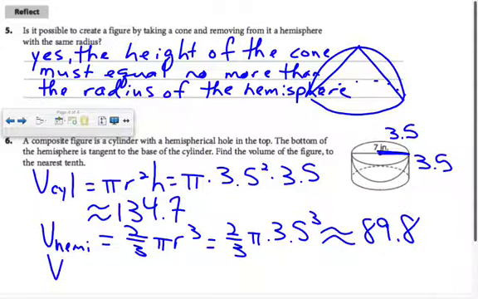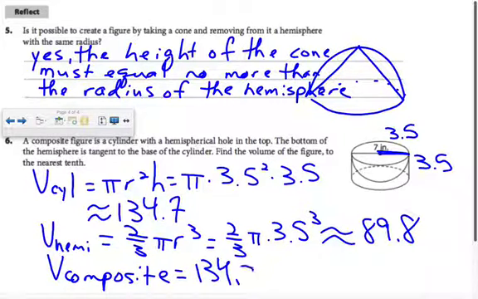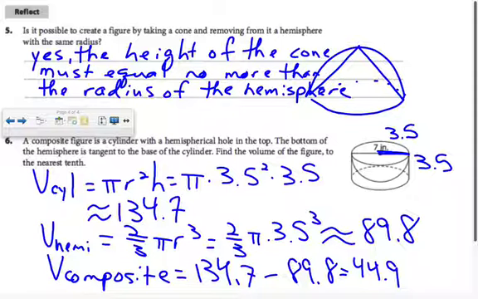So then the volume of the composite will be 134.7 minus 89.8, giving us approximately 44.9 cubic inches.